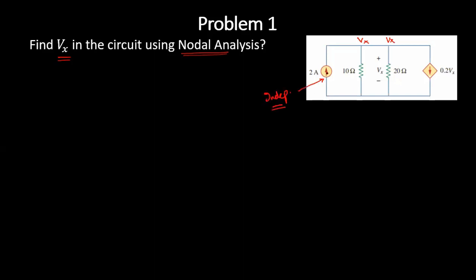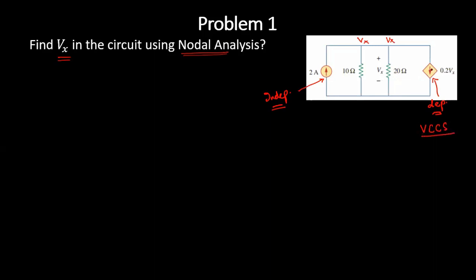It will supply this 2 ampere irrespective of whatever is happening in the other resistors. And this one, sorry, it is a dependent current source actually. It's a current source, but it is dependent on the voltage. We call it a voltage controlled current source.